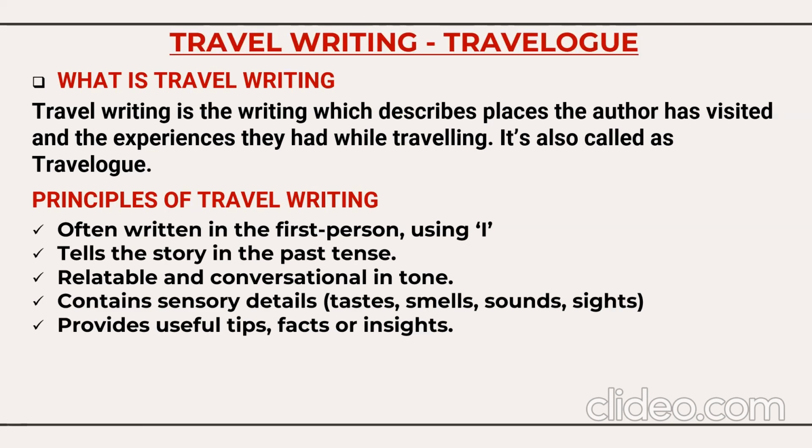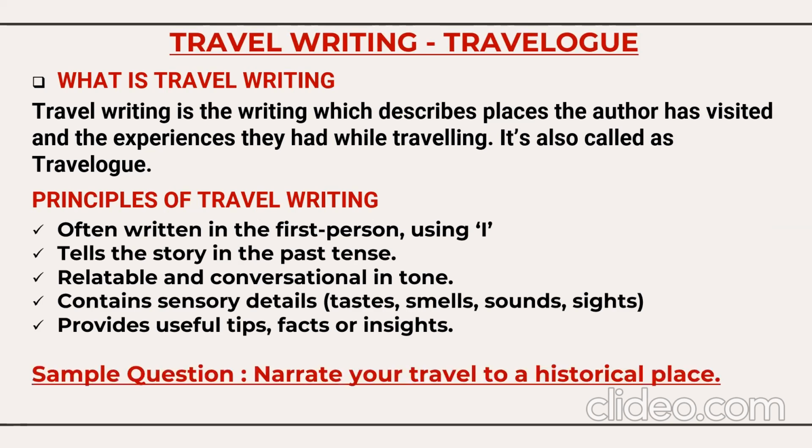We write in such a manner as if we are talking to somebody, and we talk about the taste, smell, sound, and sights, that is, our experience. For example, you had the very famous pani puri or masala dosa of Mysore, so you talk about the taste. Then you also mention useful tips and facts about the place, because you are describing your visit to a place.